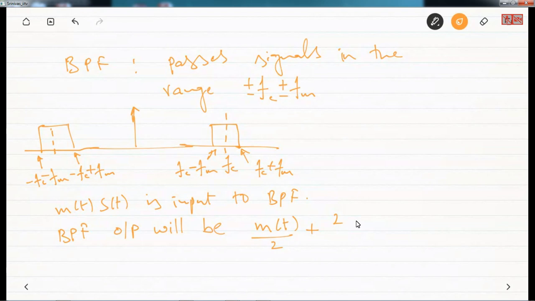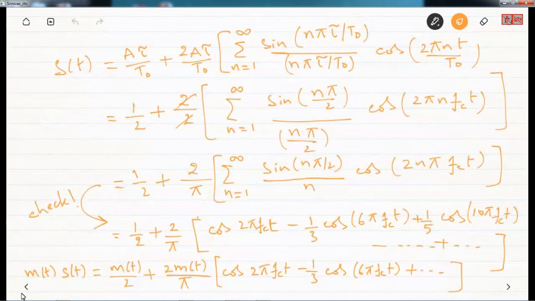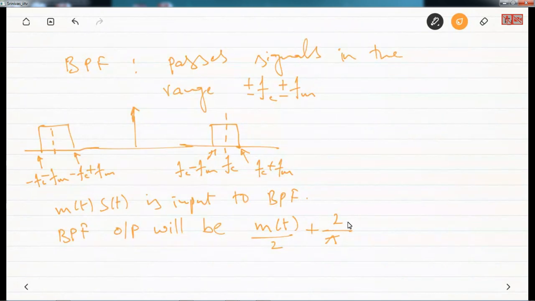Okay, let me go back once. So this signal will not be filtered by the BPF. So all these signals will be filtered out. So this is 2 by pi m of t cos 2 pi fc t. So this is 2 by pi m of t cos 2 pi fc t.